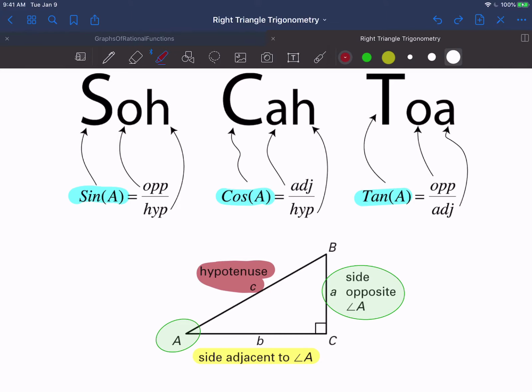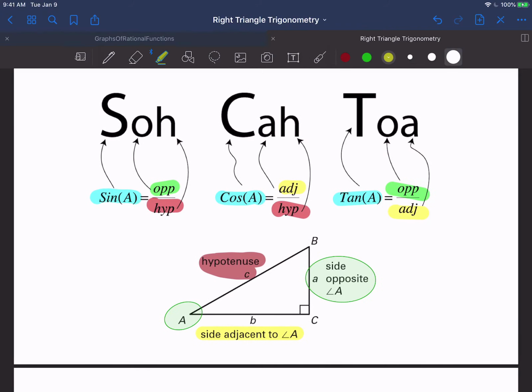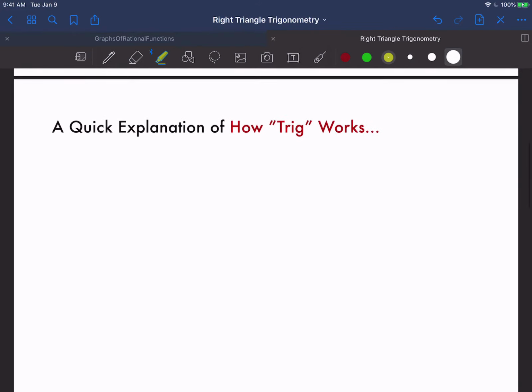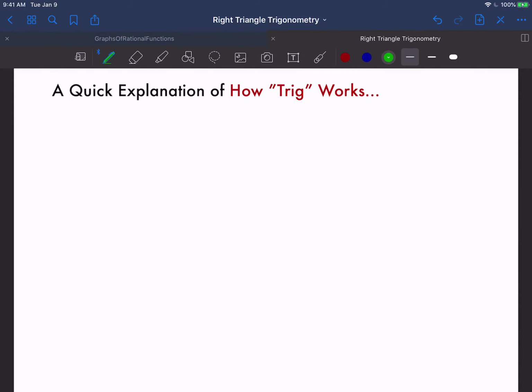So like I said, we have opposite over hypotenuse, then we have adjacent over hypotenuse for cosine, and then the tangent is going to be opposite over adjacent. So that's all well and good. I think this is a great reference, and you can look back at this and it'll make a lot more sense in the future. So let's just, I'll show you a quick explanation for like how trig actually works.